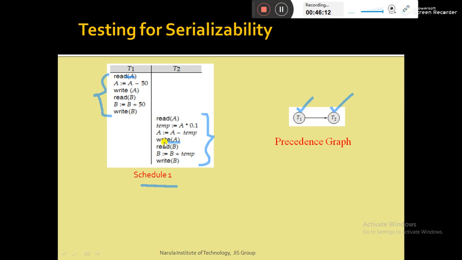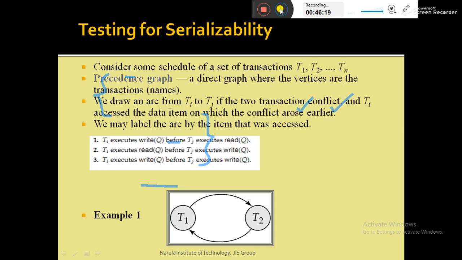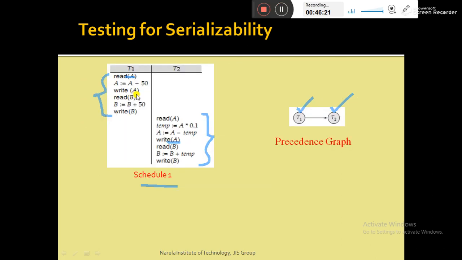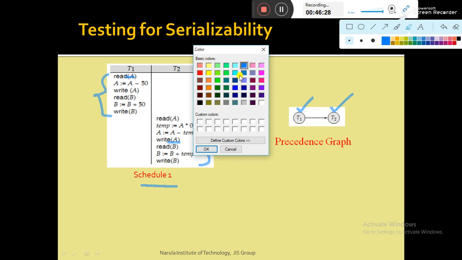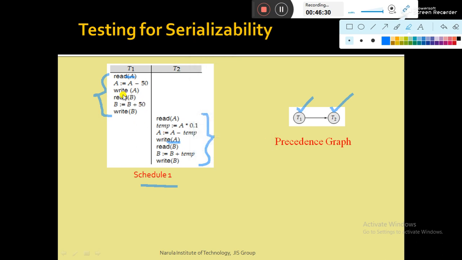Suppose the write A operation; you can check for any other data item or operation as well. If you consider the write A operation, T1 performs the write A operation before T2 executes the write A operation. That is also condition 3. So you can draw an edge from T1 to T2.